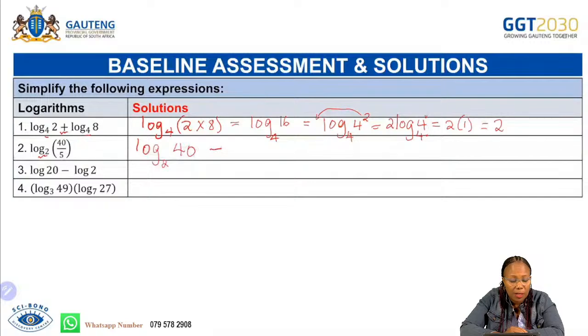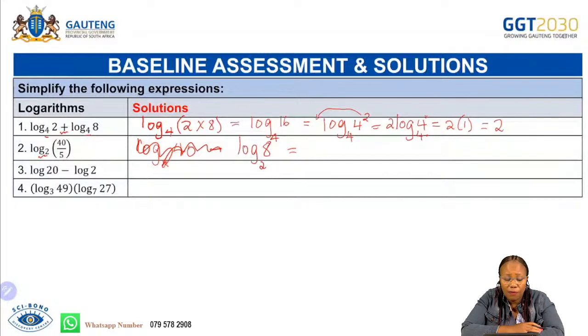Do you still remember that, grade 12? Or we can take another method, the shortcut one. It's a log of base 2, and then we have 40 over 5. If we divide 40 by 5, we have log of 8 base 2. This is much better.